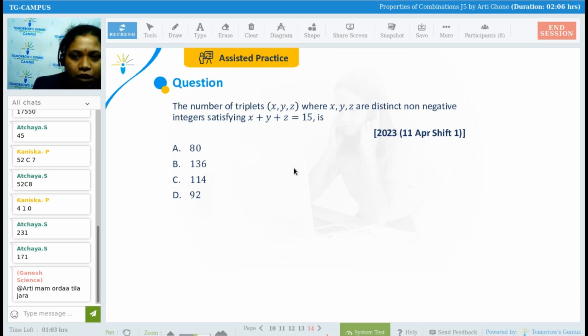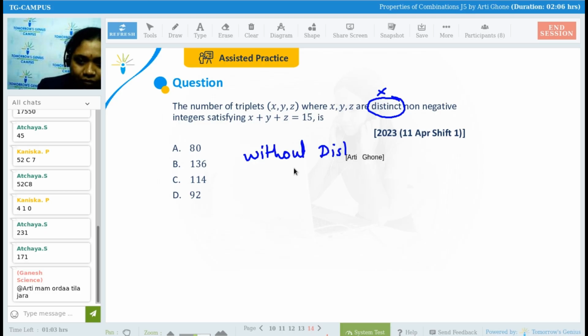First thing, just forget about the distinct word. Just forget it for the time being. One calculation you can do without the distinct word. I am telling you how many cases arise with that one word only. If there is no distinct condition, this case also can be acceptable, that the addition is equal to 15, means 12 plus 2 plus 2.